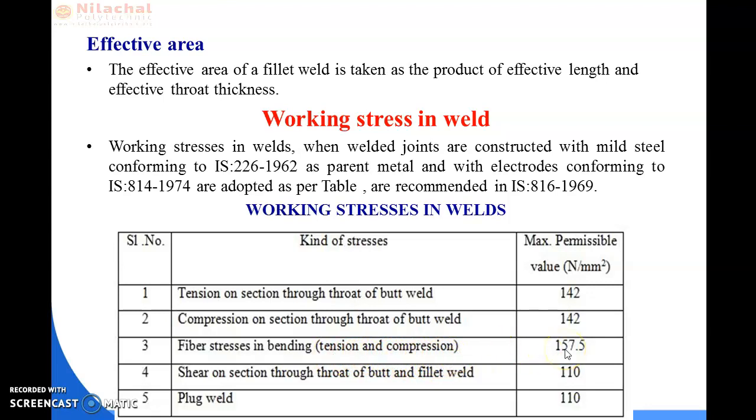The maximum permissible value is 157.5 Newton per mm square. Then the fourth one is shear on section through throat of butt and fillet weld, which is 110 Newton per mm square. Then the last one is plug weld, whose value is 110 Newton per mm square.